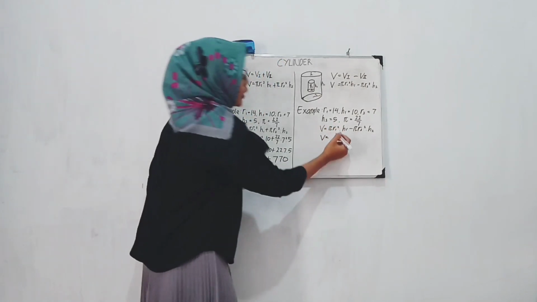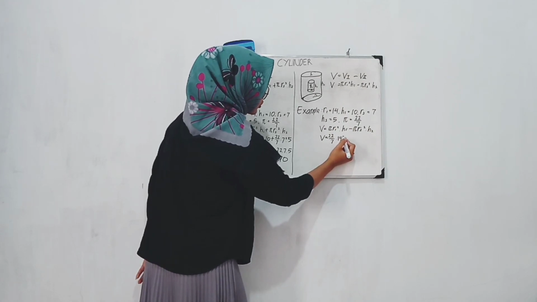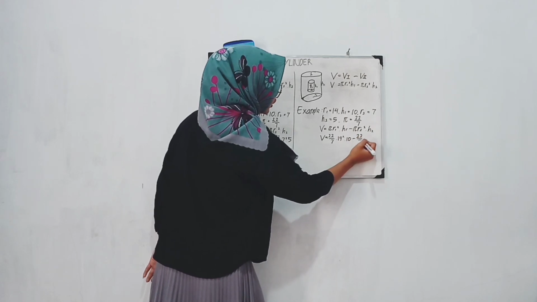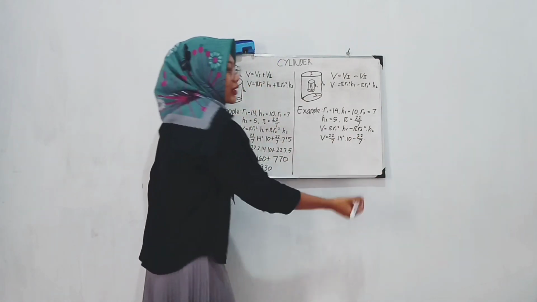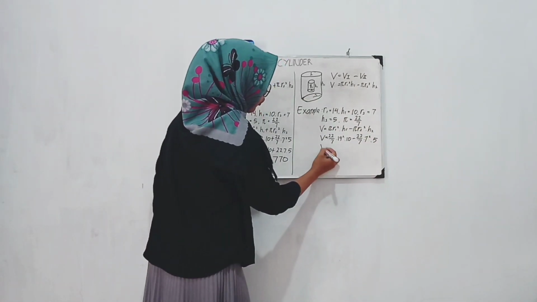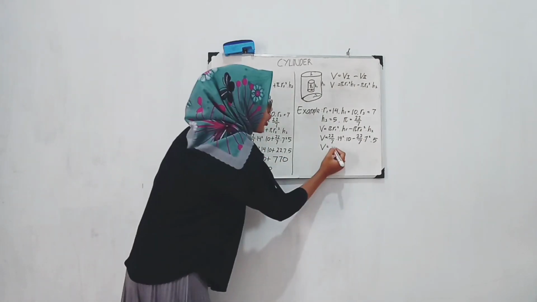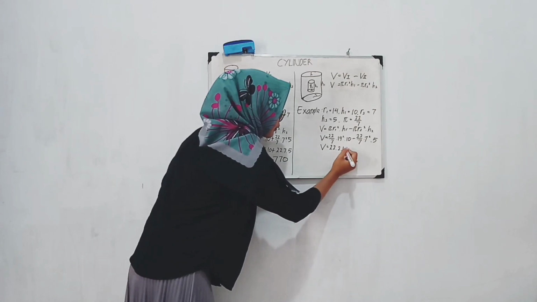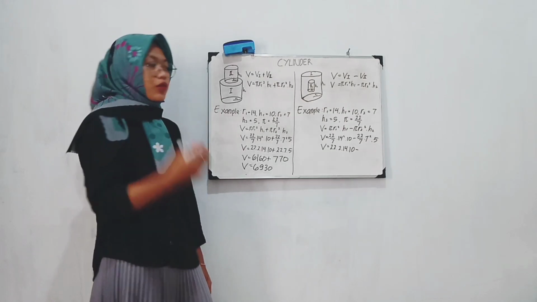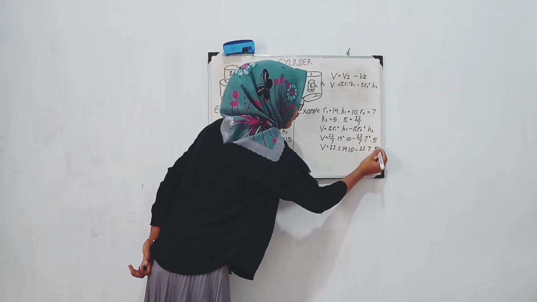Volume equals π is 22/7 times radius 1 is 14 square times height 1 is 10, minus π is 22/7 times radius 2 is 7 square times height 2 is 5. Volume equals 22/7 times 14 square is 22 times 2 times 14 times 10, minus 22/7 times 7 square is 22 times 7 times 5.